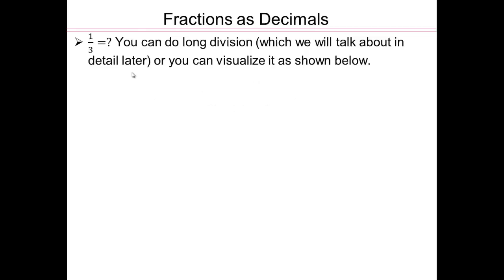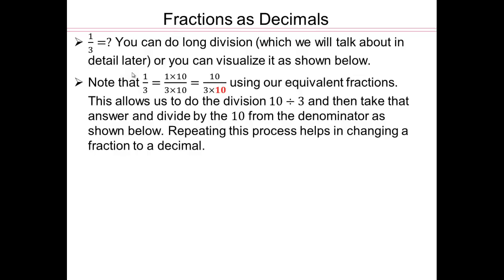All right, so see 1/3. 1/3, the denominator is 3, is not just 2's and 5's. So how do we change that to a decimal? So take a look. If you write 1/3 so that you multiply numerator and denominator by 10, because 3 doesn't go into 1, so now you have 10 divided by 3 times 10. So we have 10 divided by 3, and then whatever that answer is, you're going to take that and divide that further by 10.